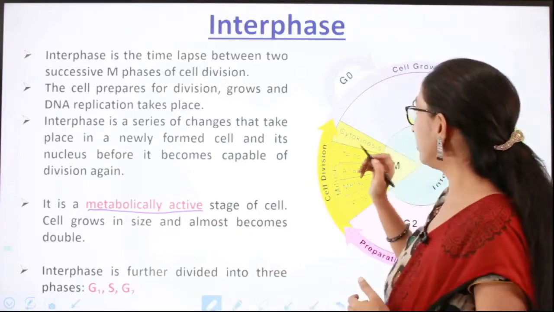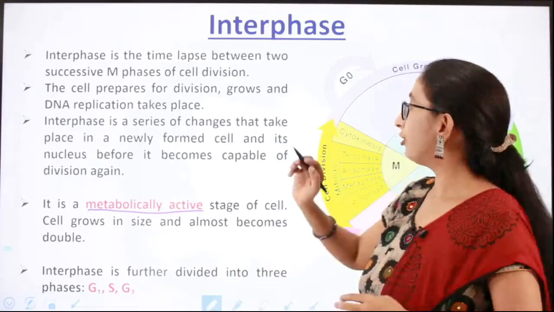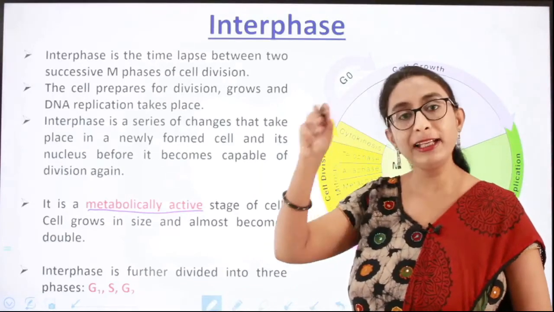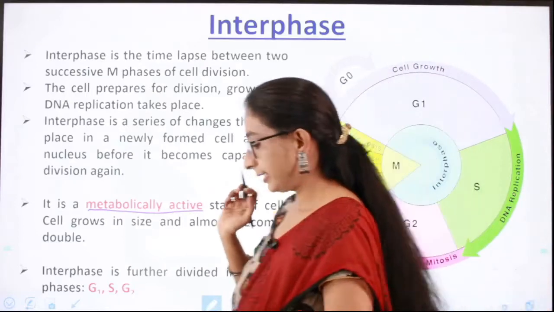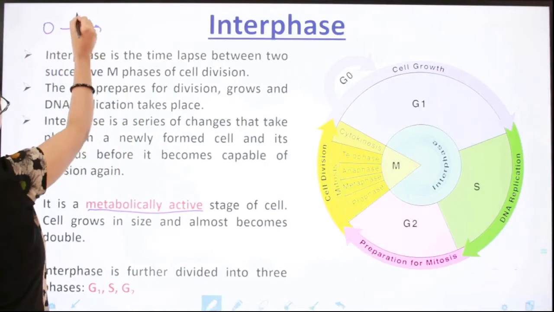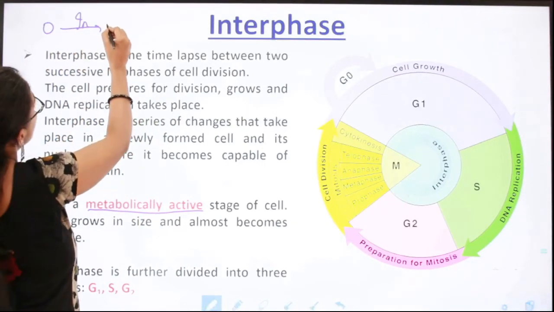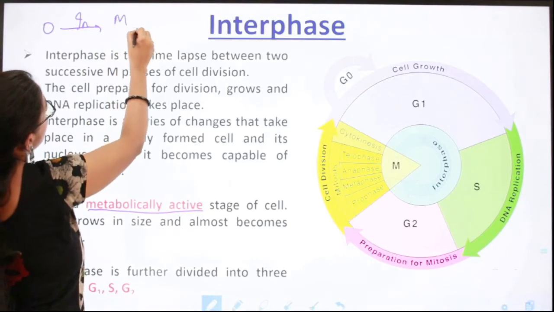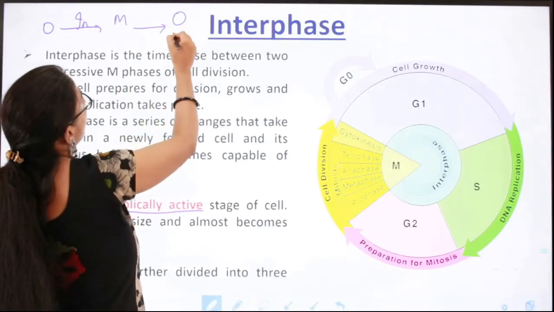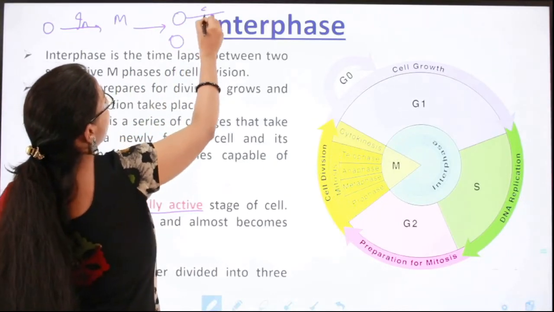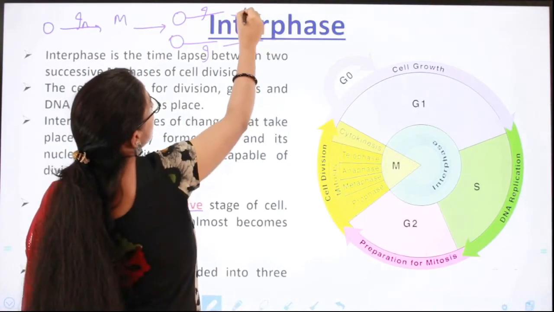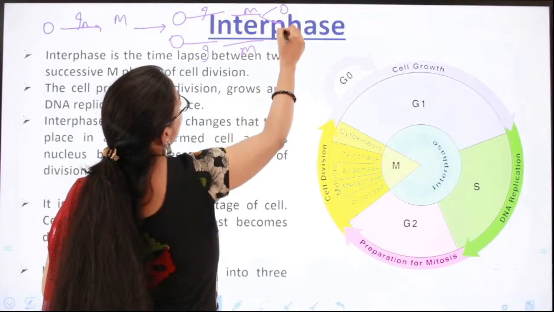So when a cell is newly formed, first it enters into interphase, then goes through M phase, and then again goes through interphase. So say there is a cell, first it goes through interphase, then it goes through mitosis phase, and then it gives rise to two daughter cells. Now these two daughter cells will again go through interphase, then they will again go through mitosis phase, and they will give rise to two daughter cells each.